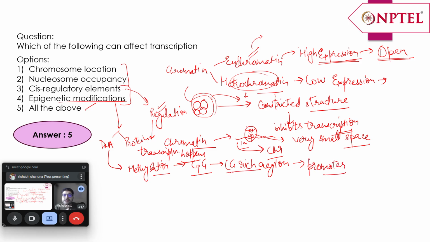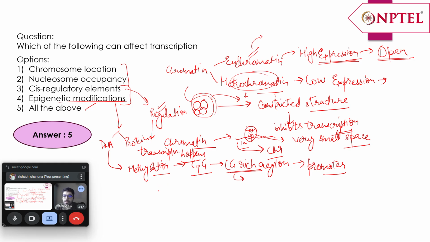If this CG-rich region is methylated, that means the promoter is not ready for RNA polymerase to bind to it, so that will repress the RNA polymerase binding to the promoter. And if it is less methylated, that means it is ready for transcription and it will recruit the RNA polymerase.